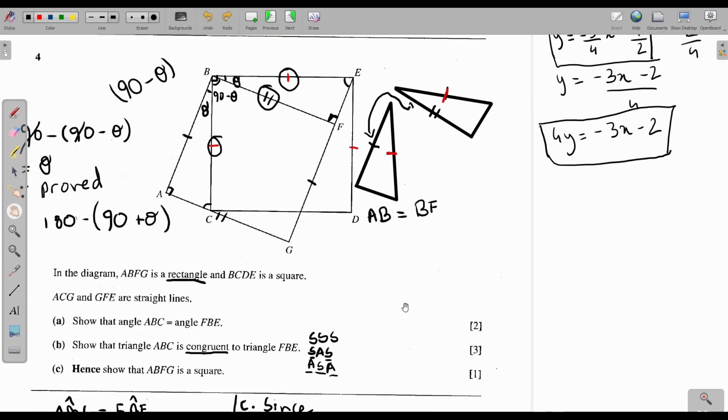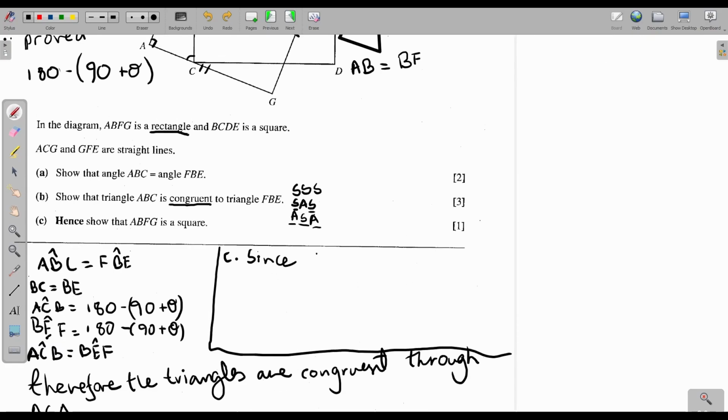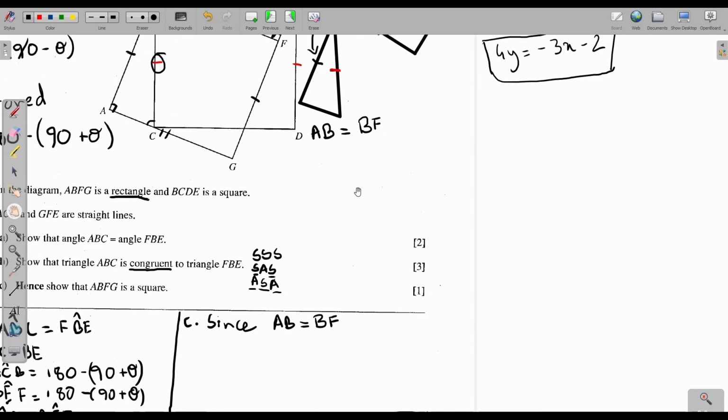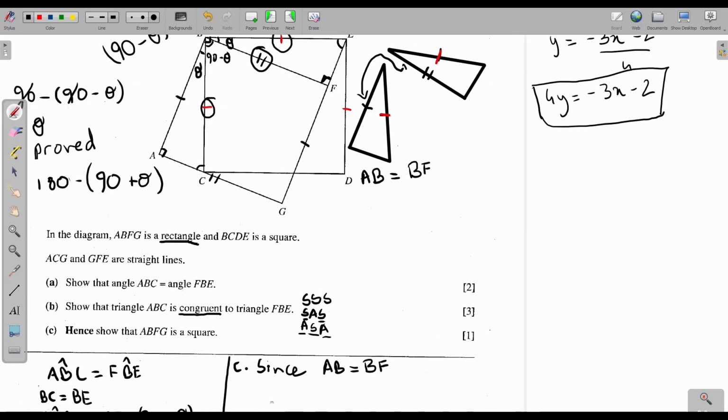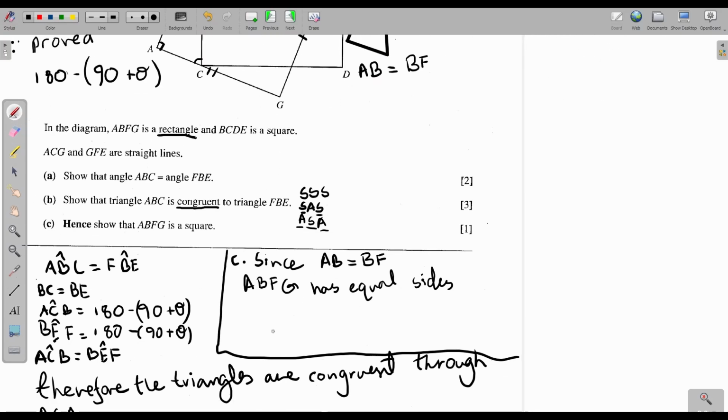So since AB is equal to BF, ABFG has equal sides and is therefore a square.